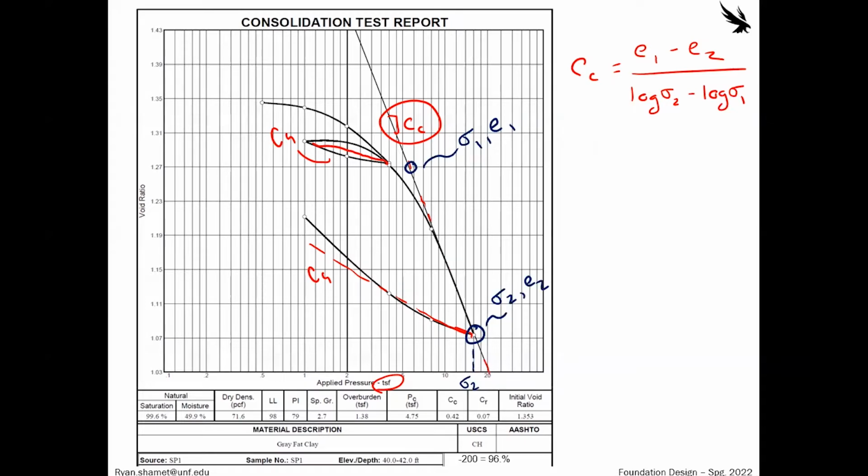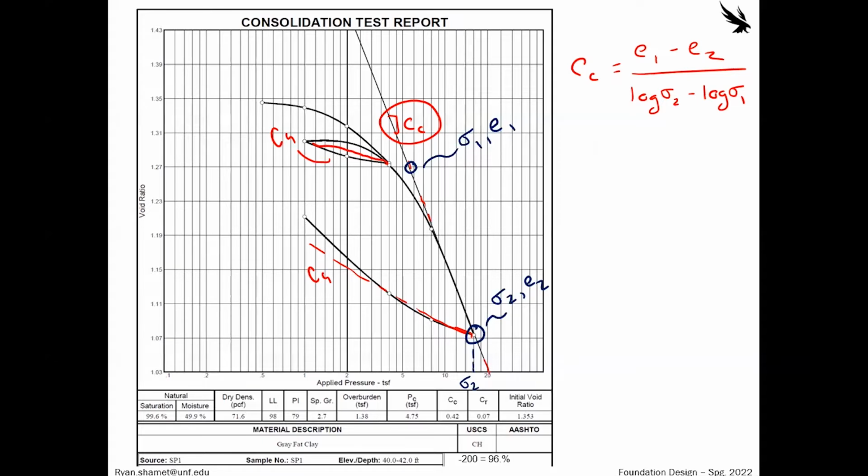And if you have a report like this, again, we have to read this in log form. So keep that in mind when you're looking at the axes. Follow it down. Most real engineering reports will provide the grid lines like this. Again, know what you're reading. This is the log on the x-axis.